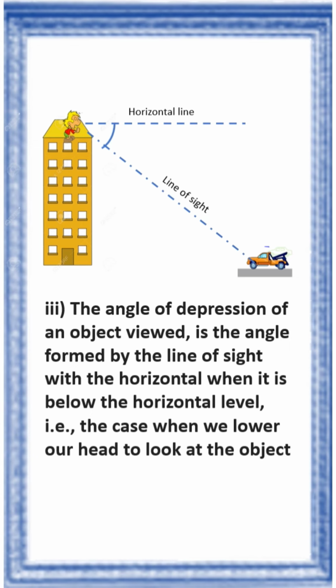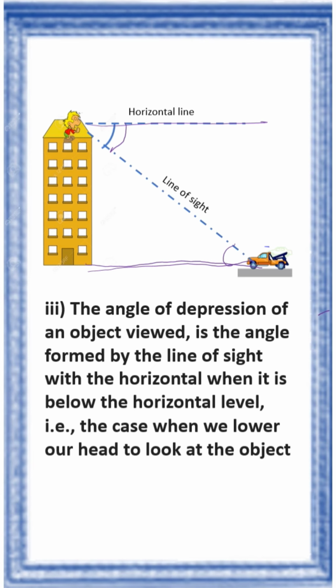When it is below the horizontal level, that is the case when we lower our head to look at the object. If we join these two lines, this angle will be equal to this angle because this line and this line are parallel to each other. Alternate angles are equal.